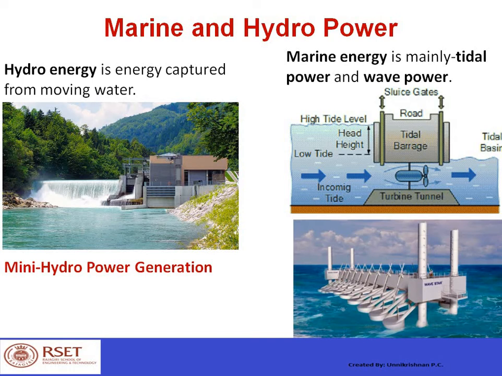As the turbine rotates, the coupled generator starts working, producing electricity. Similarly, the wave power can be used to rotate a shaft or rotate a turbine, which can be again coupled to a generator to produce electricity.